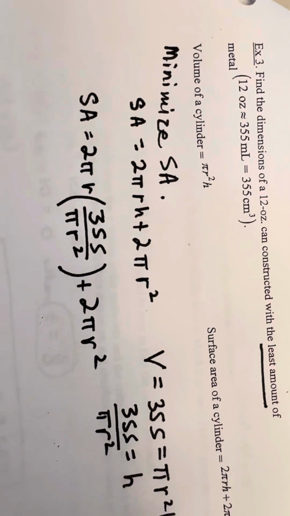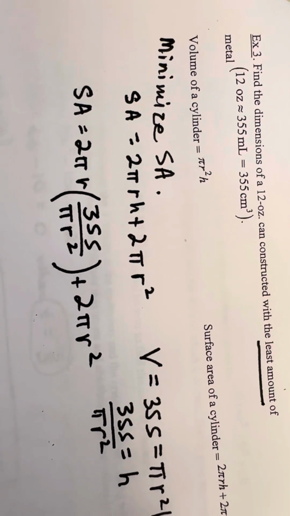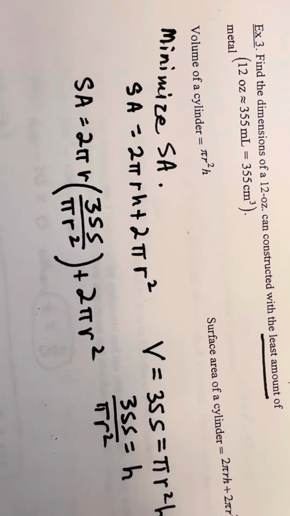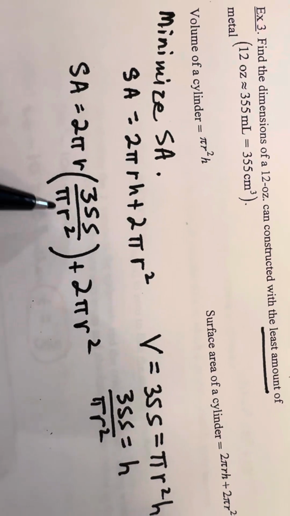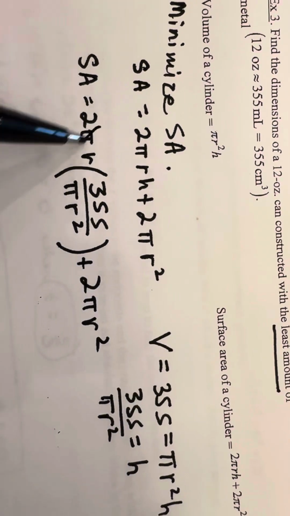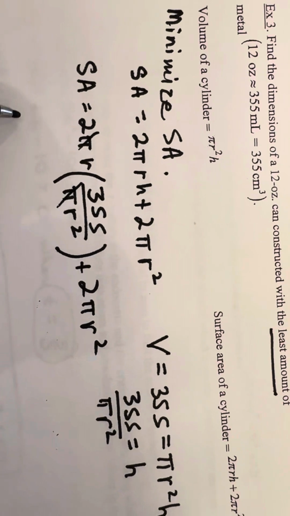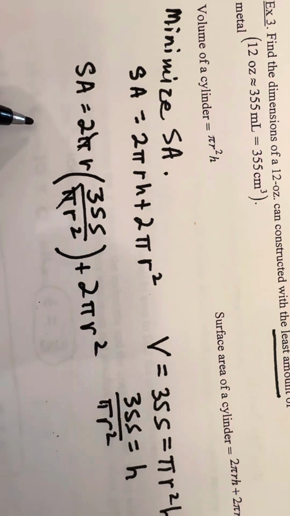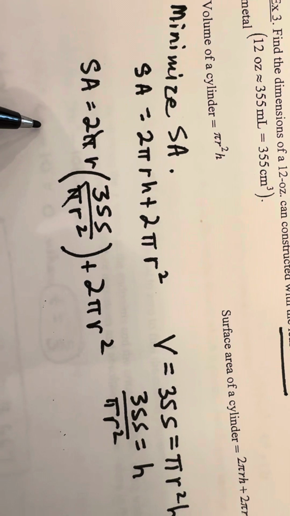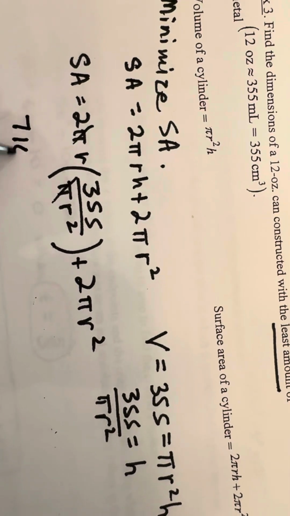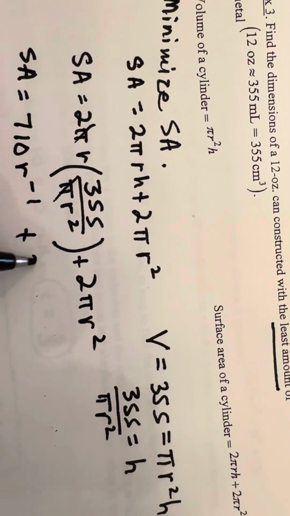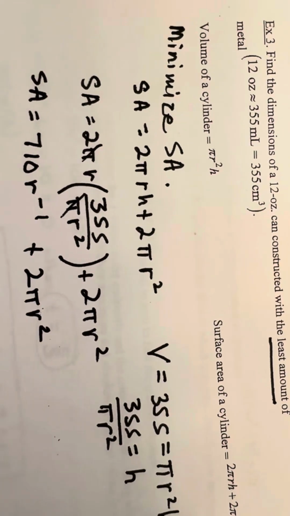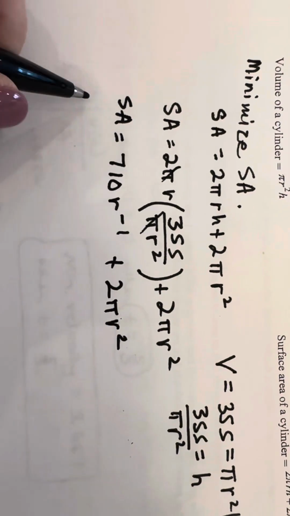And now I have an equation that's in terms of just R. Now, it is not beautiful. So if I simplify this, I could come out with r to the -1, the pi's could cancel. I'm going to actually have 710 r to the -1 if I simplify, plus 2 pi r squared. Okay, and that's what I'm going to take the derivative of.